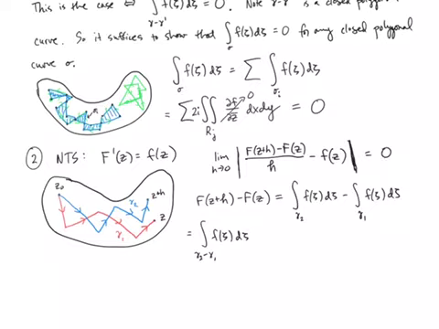So this is going to go backwards along gamma 1, and then forwards along gamma 2. So that's what F of z plus h minus F of z looks like.